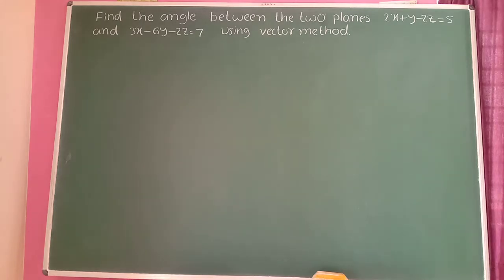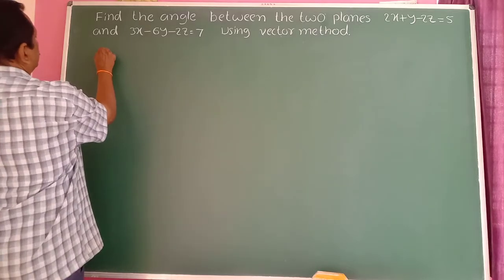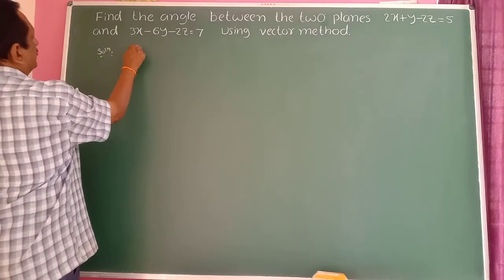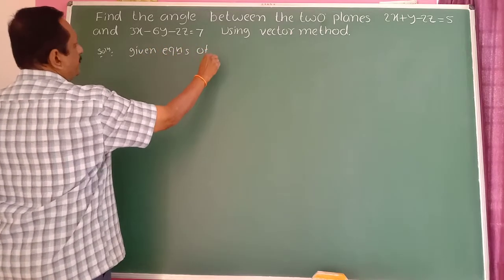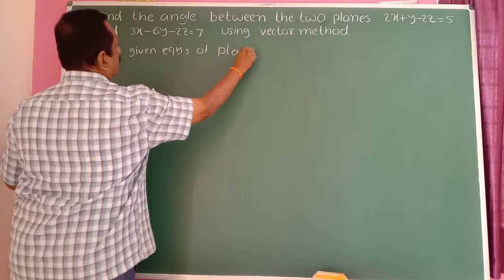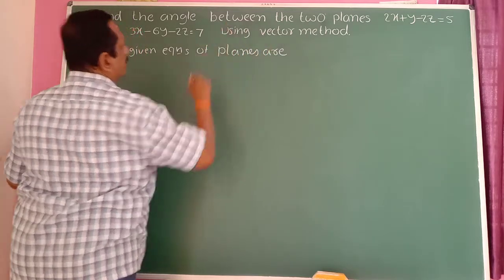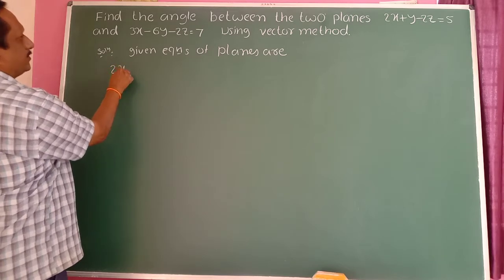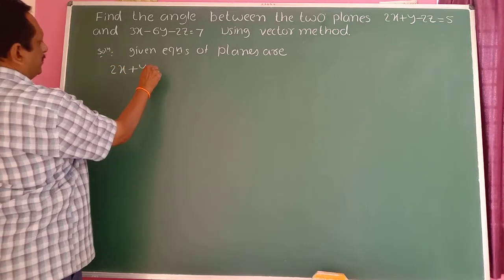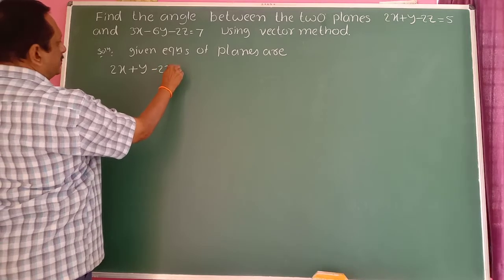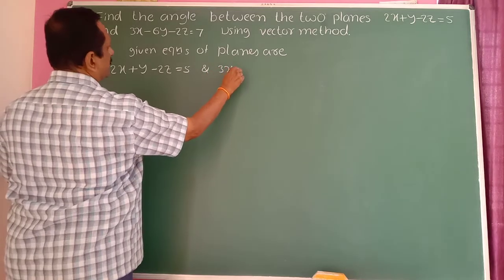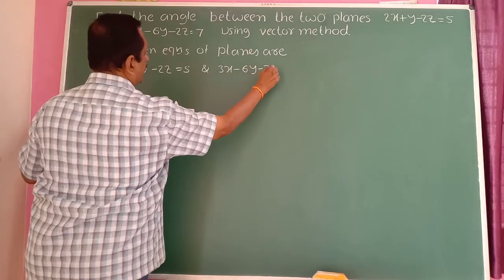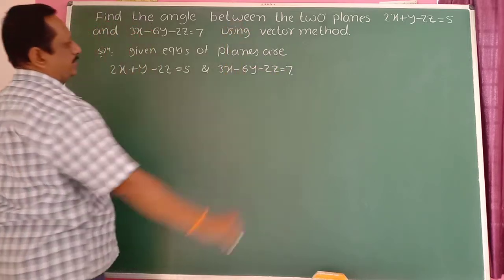So find the angle between the two planes here using the vector method here. Okay, so in this case, given the equations of planes: the equations of planes are 2x plus y minus 2z is equal to 5 and 3x minus 6y minus 2z is equal to 7.